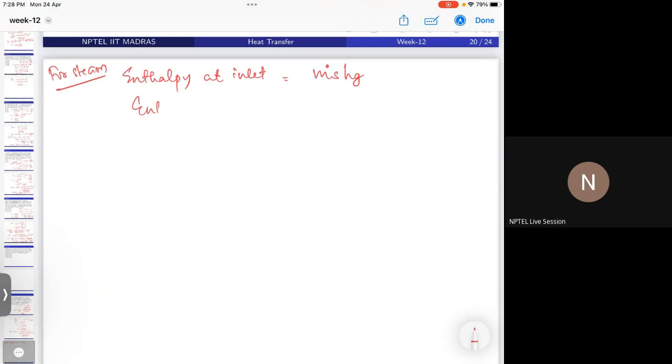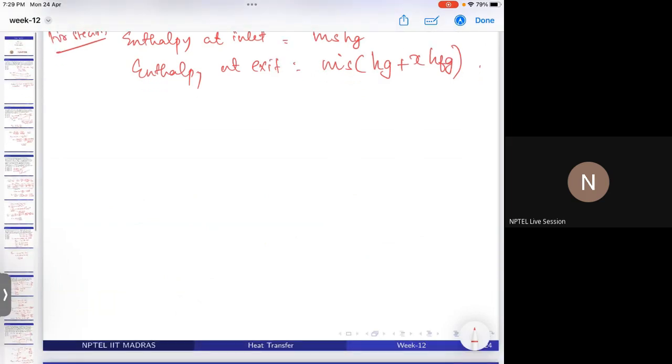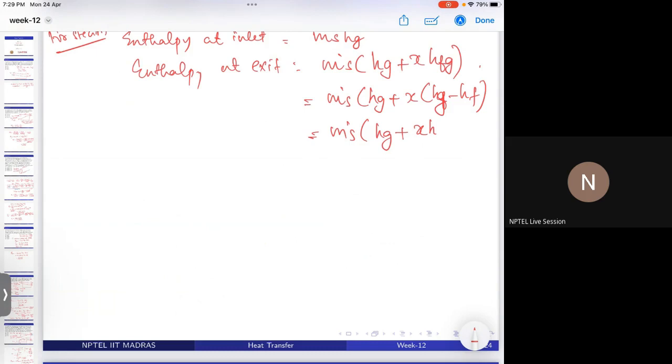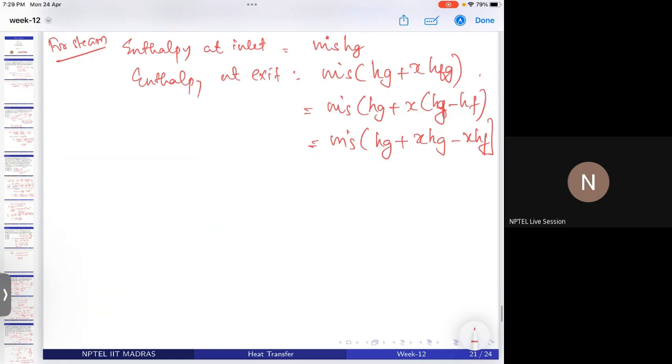Now the enthalpy at exit is with some quality, which is equal to h_g plus x times h_f minus h_g. Expanding this, we get m dot into h_g plus x h_f minus x h_g.